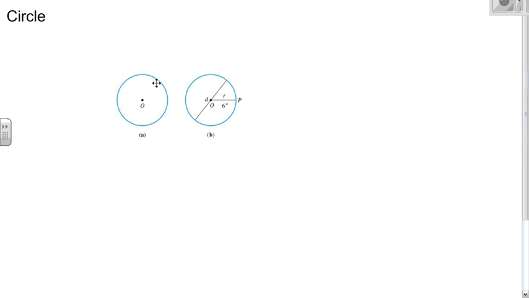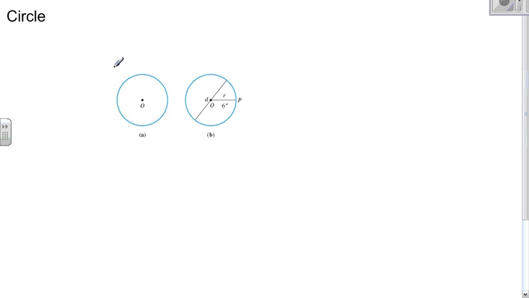It's the very simple closed curve. It's just one curve. A circle is defined as the set of all points that are equidistant from the center. The center is just the dot in the middle.